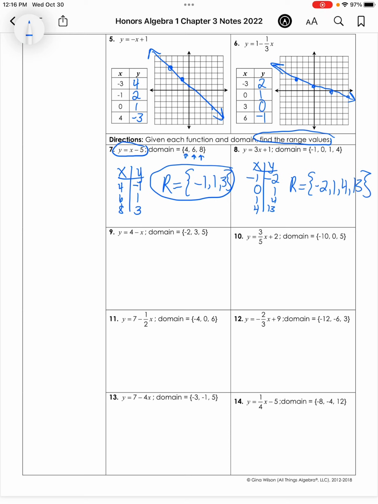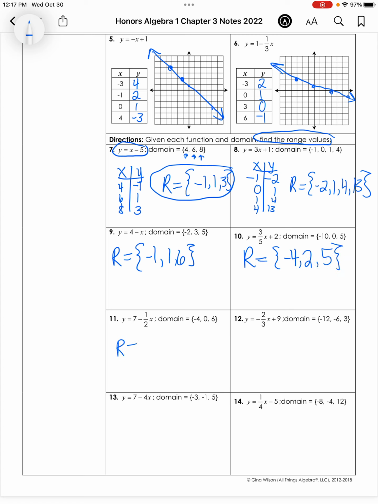Go ahead and press pause and try the rest on this page. So for the rest of the problems on this page, you would want to create a table, but what I'm going to do is just write the answers. The range for number 9 is -1, 1, and 6. For number 10, the range is -4, 2, and 5.